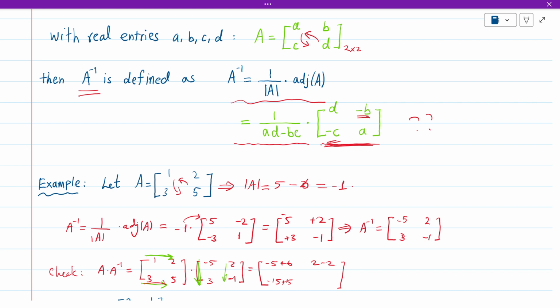Then the last one, again this row by this column: 3 times 2 is 6, plus 5 times negative 1 is negative 5. As you see, you get 1 here, 0 here, 0 here, 1 here, and that is the identity of 2. That means this was the correct answer for A inverse.